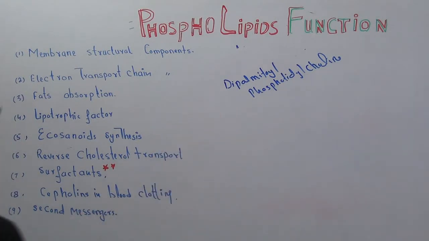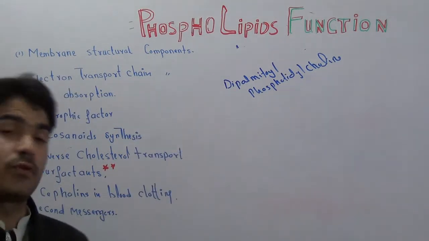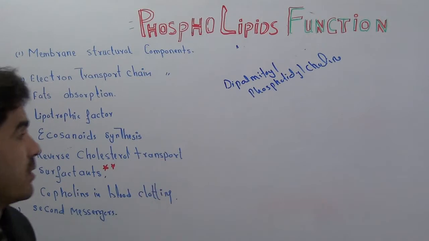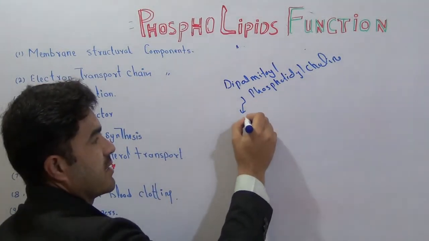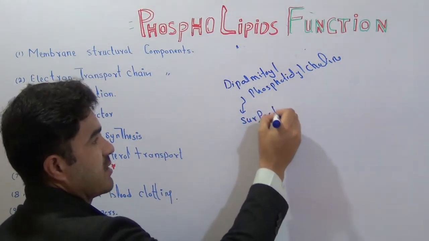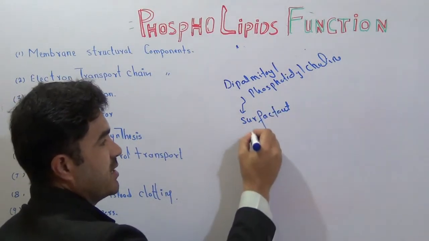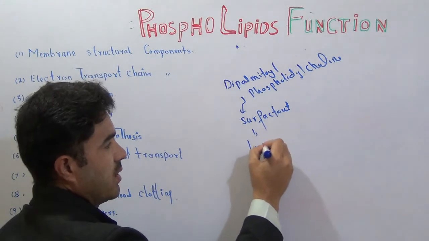A little bit of a lengthy name, but it is a phospholipid again. This dipalmitoyl phosphatidylcholine is a surfactant, and it is present inside our lungs.